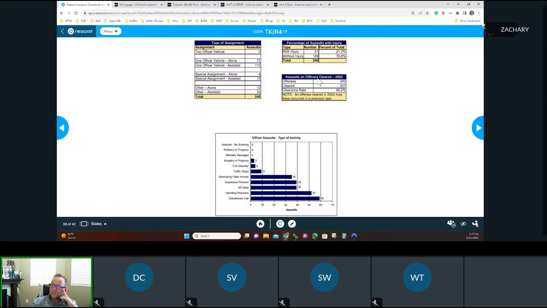Oh, assaults on officers. Offenses, they're 240, cleared 207. So the clearance rate is 86%. So if you're going to assault somebody, do not assault a police officer because, let's be honest, you're going to get in trouble, okay? There is a percentage of assault with injury and without injury. At least a lot of them are not injury.